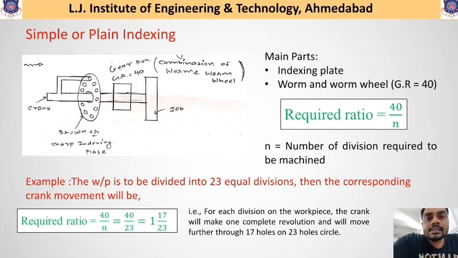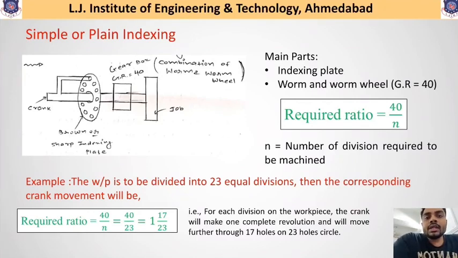So in this lecture we have discussed two simple methods. The first one is the direct indexing method, in which the crank is directly connected to the spindle, which is directly connected to the workpiece, whereas in simple or plain indexing the crank is connected to the worm and worm gear arrangement, and after that the worm wheel is connected to the workpiece.